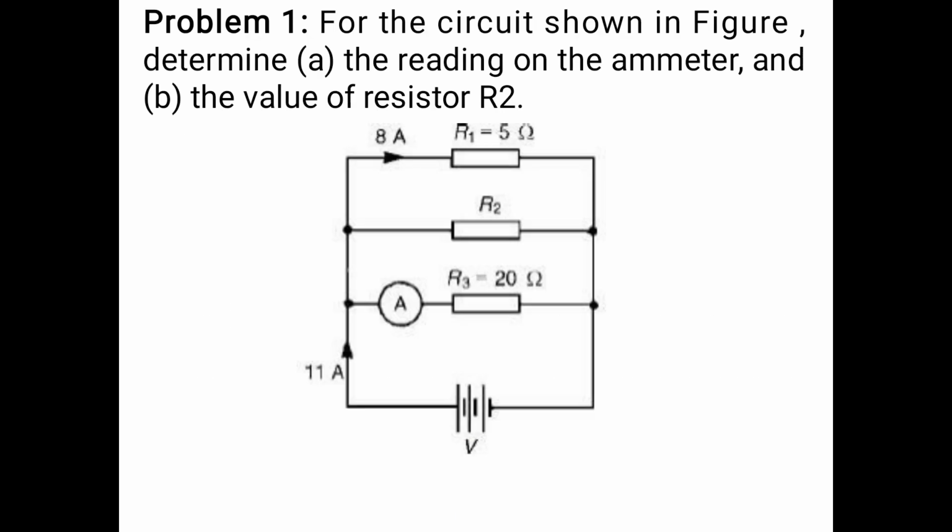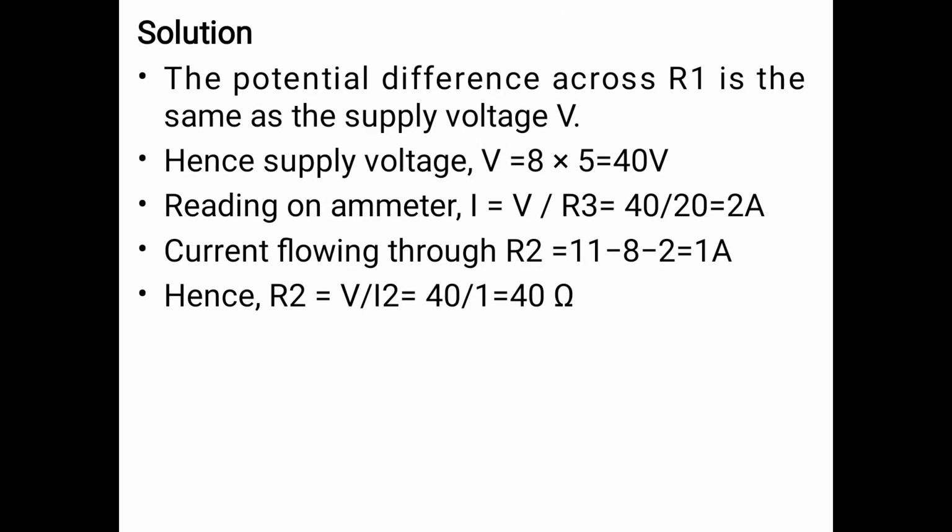Problem 1. For the given circuit, determine the reading on the ammeter and the value of resistance R2. Solution. The potential difference across resistance R1 is the same as the supply voltage V, and hence the supply voltage V is equal to 8 into 5, which is 40 volts. And the reading on the ammeter I is equal to V by R3.